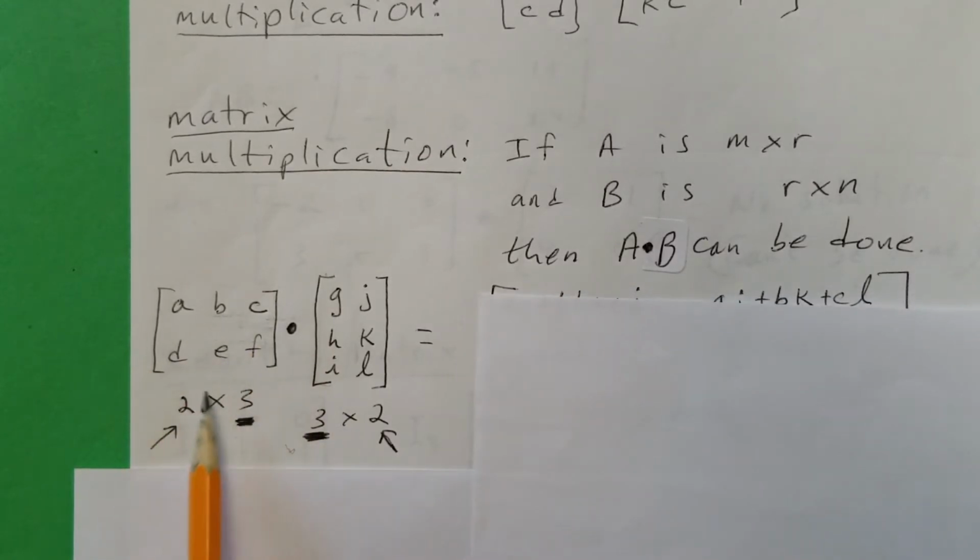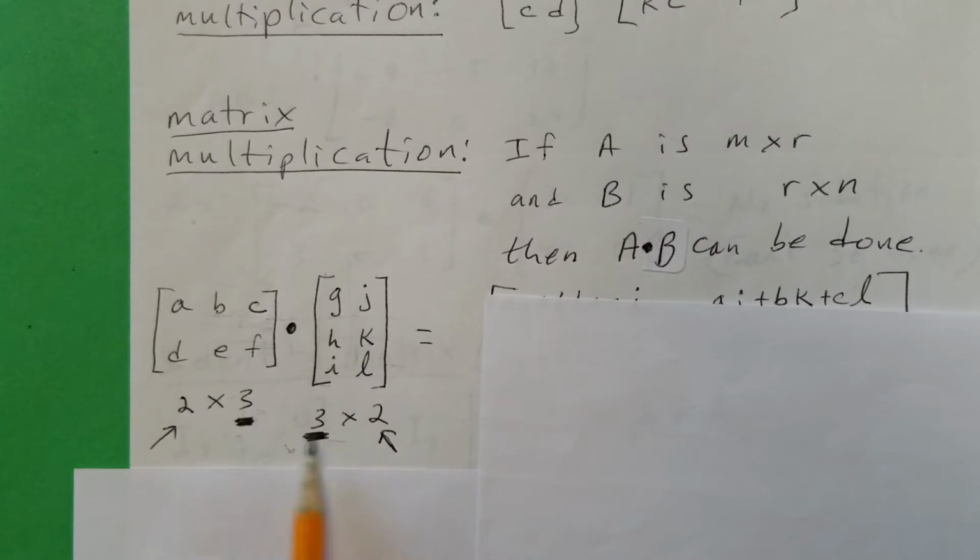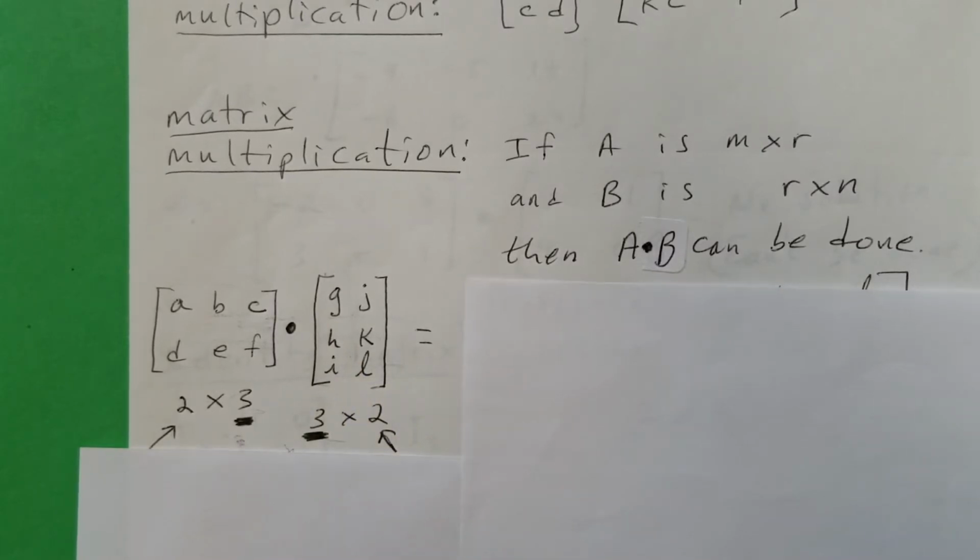So this is 2 by 3. This is 3 rows, 2 columns. So this number here has to match. The number of columns has to match the number of rows. If they don't match and you start doing it, you're going to run into trouble and you're going to say, oh, it doesn't work, and you give up. But it will work if you've got the same number of columns here and the same number of rows here.